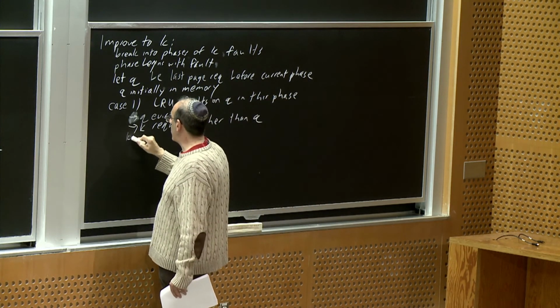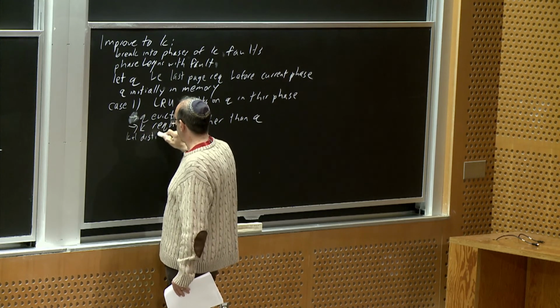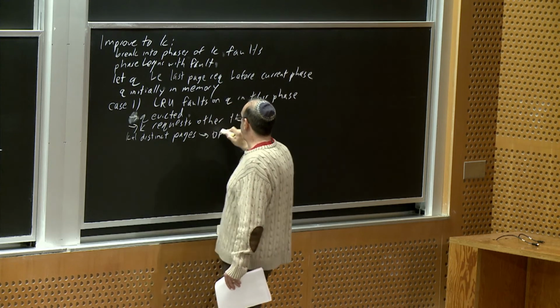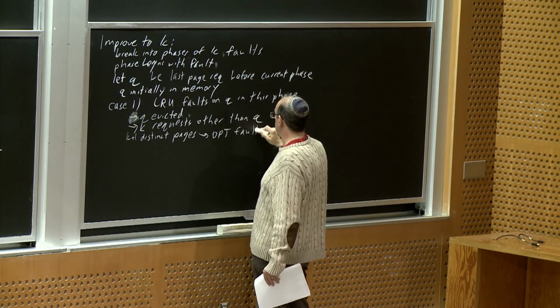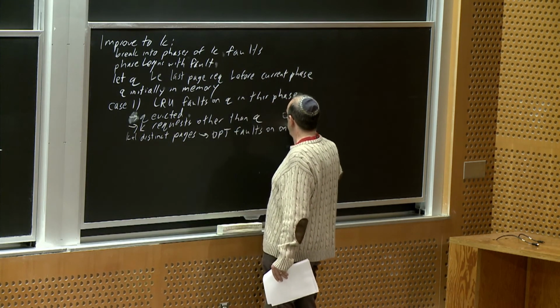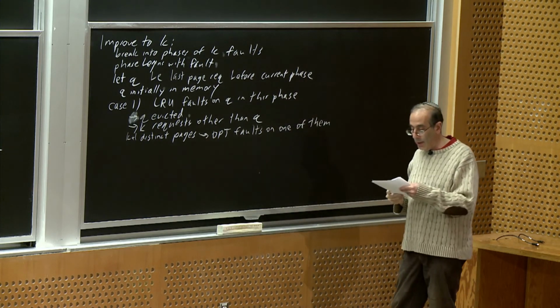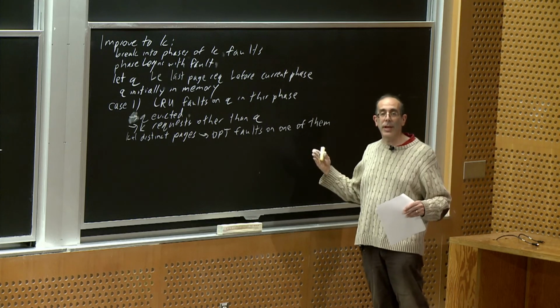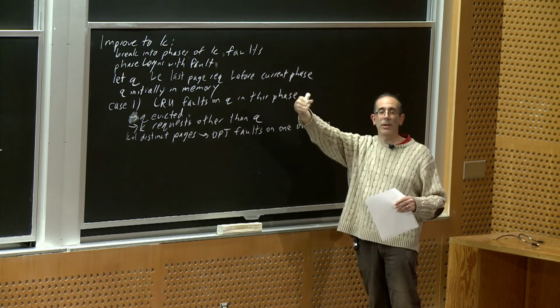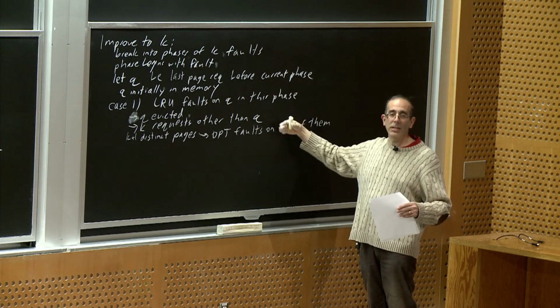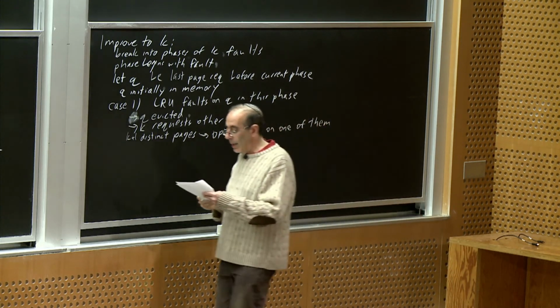So that's K plus 1 distinct pages, which means that opt faults on one of them. But it faults during this phase, not during the request for Q. And we're finding a fault that happens in this phase by opt.